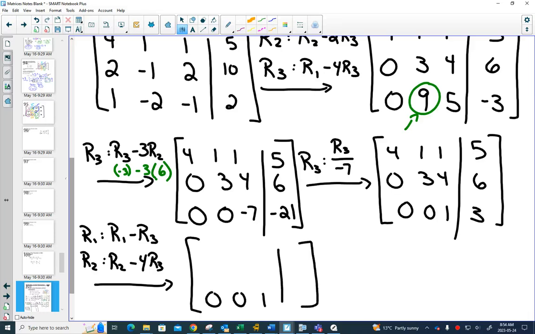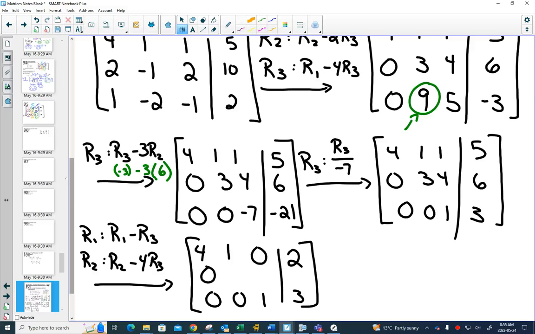So row 3 isn't changing. Row 1, you're taking row 1, and the nice thing with all those zeros is this will still be 4, this will still be 1, this will now be 0, and if I take row 1 minus row 3, this will be 2.